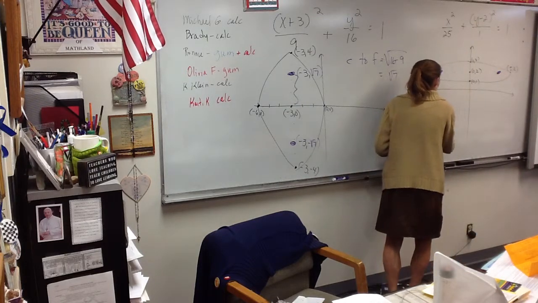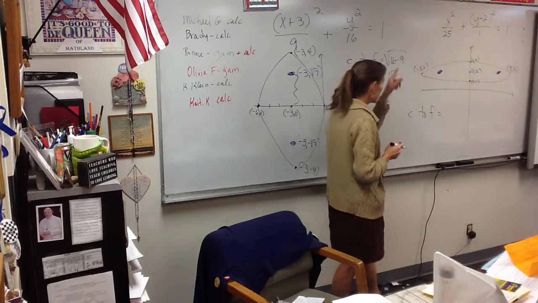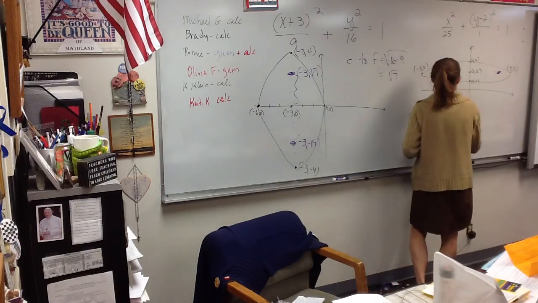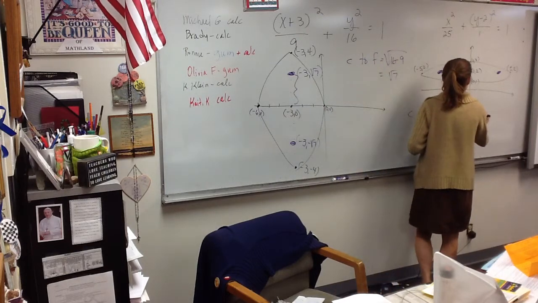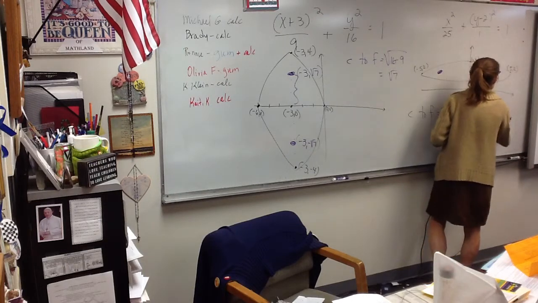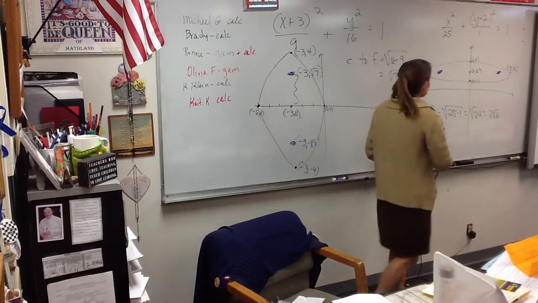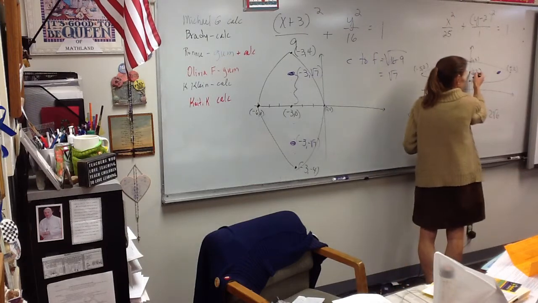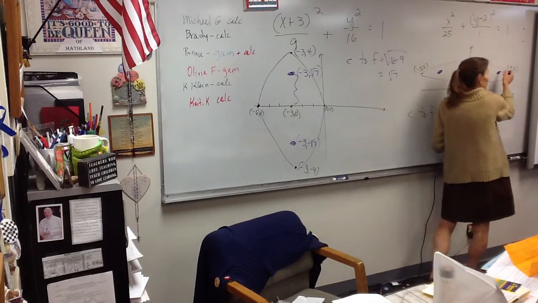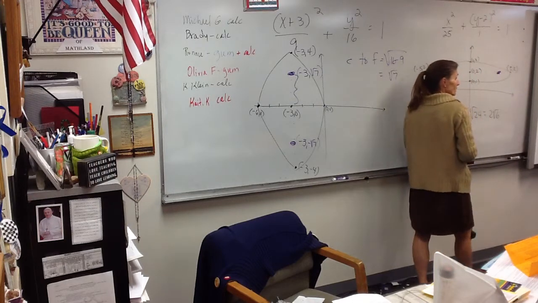Center to focus, in this problem, is the square root of 24, or 2 root 6. So I'm going to start right here, and I'm going to add, or go forward, 2 root 6.